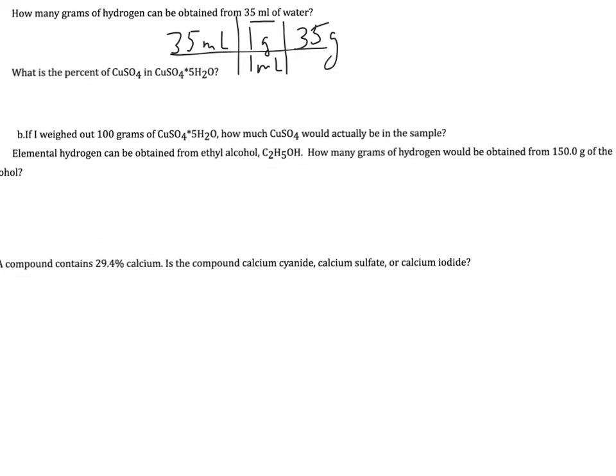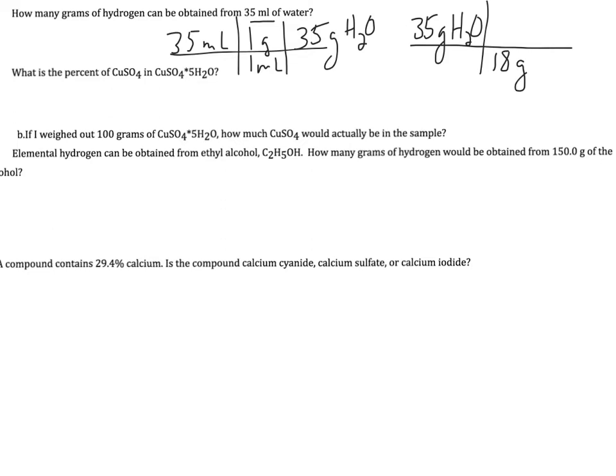And so if we're determining how much hydrogen we could obtain from 35 grams of water, how many grams of hydrogen, we know that water is H2O, so that means there are 2 hydrogens and 1 oxygen. So what we could do is set this up where if we have 35 grams of H2O, in H2O, there is a total of 18 grams.